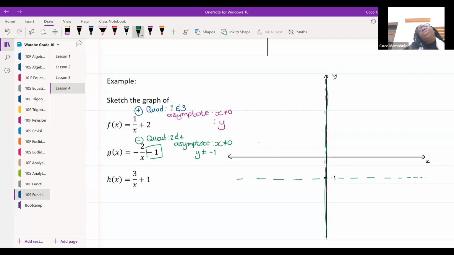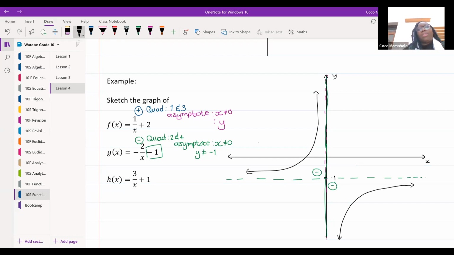You said that my graphs must be in which quadrants? Quadrant 2 and 4. Good, this one and that one. So if we draw it, Jasmine, do you see how if I draw this over here, that's one of them, and the other one is over here.